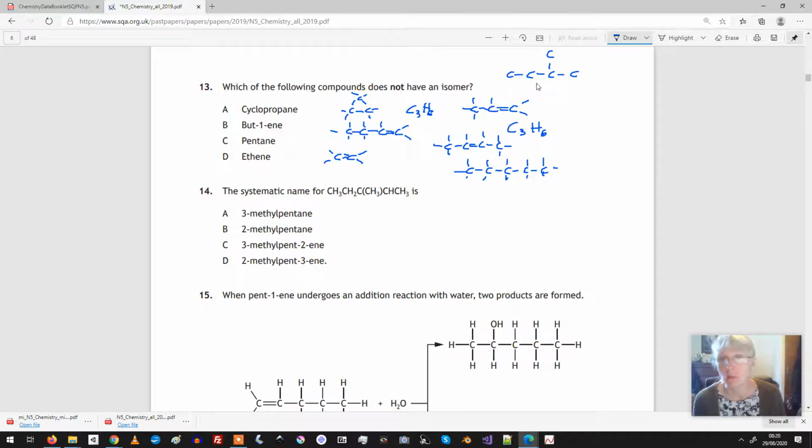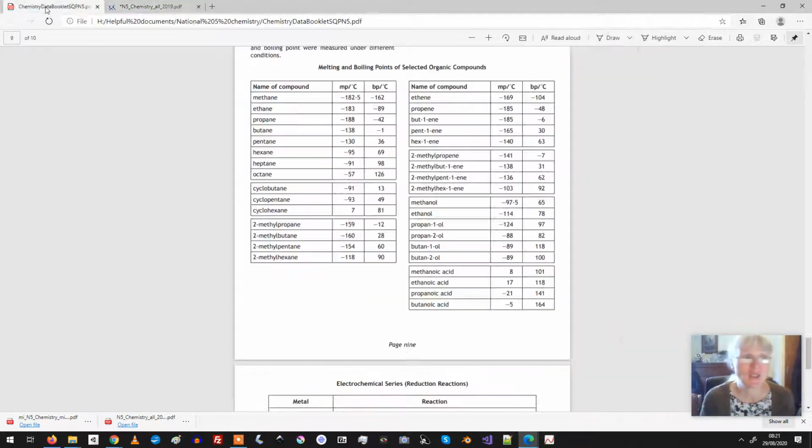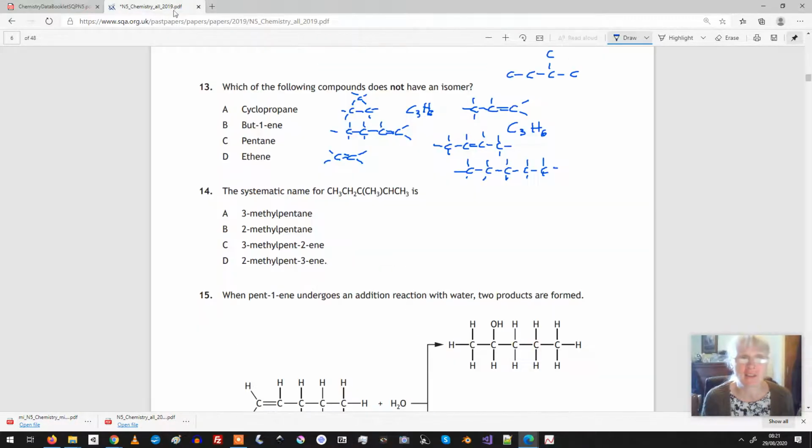That would be 2-methylbutane. I'll just show you. So butane is the 4 carbon chain, and the little methyl would be the one sticking off to the side. But that would have the same molecular formula because it would have the same number of carbons and the same number of hydrogens. So after all that, the answer is ethene.